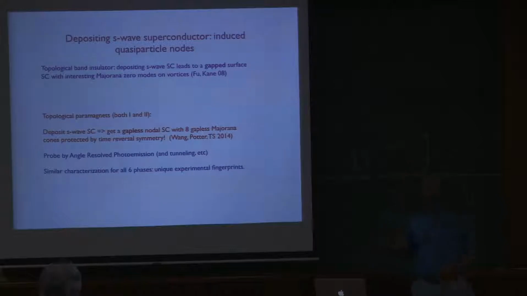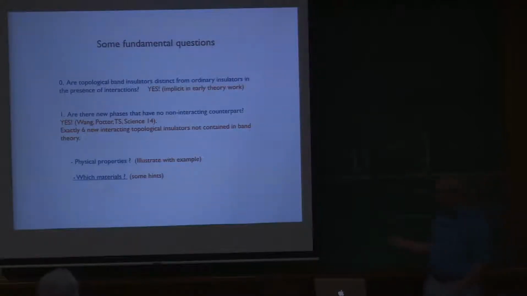Okay, so continuing with the part of the talk where I don't apologize to experimentalists. Right? So let's go towards the question of which materials we should be thinking about. Experimentalists are most interested in this question usually, but it's also the question that's hardest to give satisfactory answers to from theory.